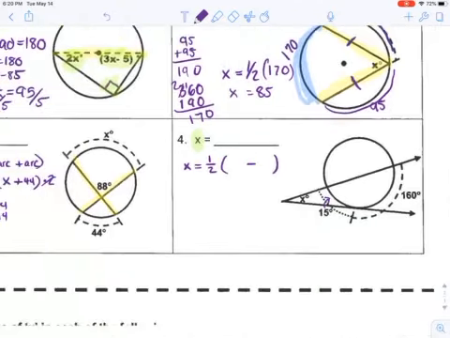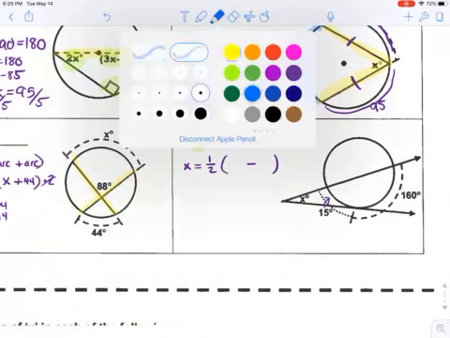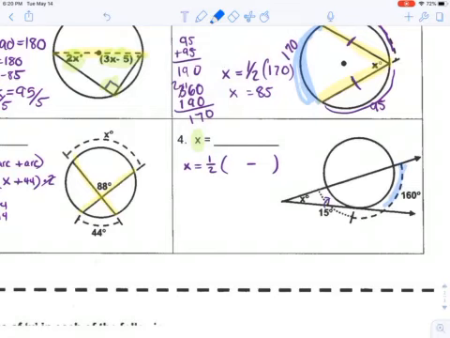So we can find x by taking the difference of the two arcs. We have this arc and we have this arc. Are we going to do 160 minus 15 or 15 minus 160? Well, if we want a positive difference, we need to do 160 minus 15.